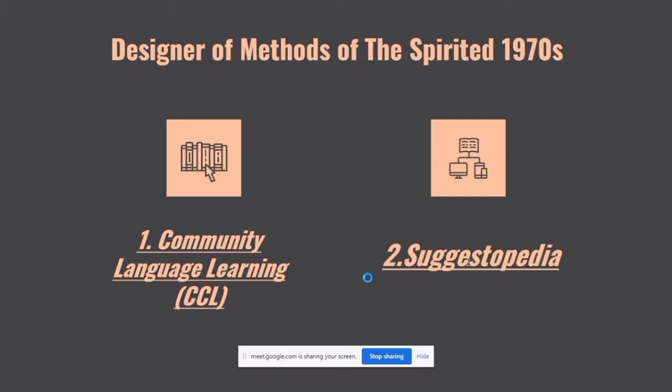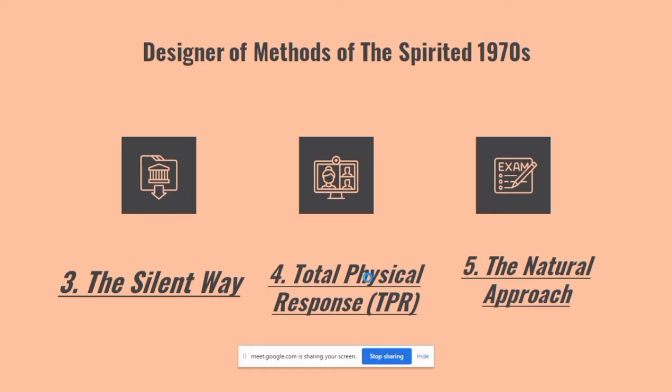The second one is Suggestopedia. Lozanov believed that the human brain could process great quantities of material if given the right conditions for learning, which are a state of relaxation and giving over of control to the teacher. The third one is the Silent Way. Caleb Gattegno, 1972.